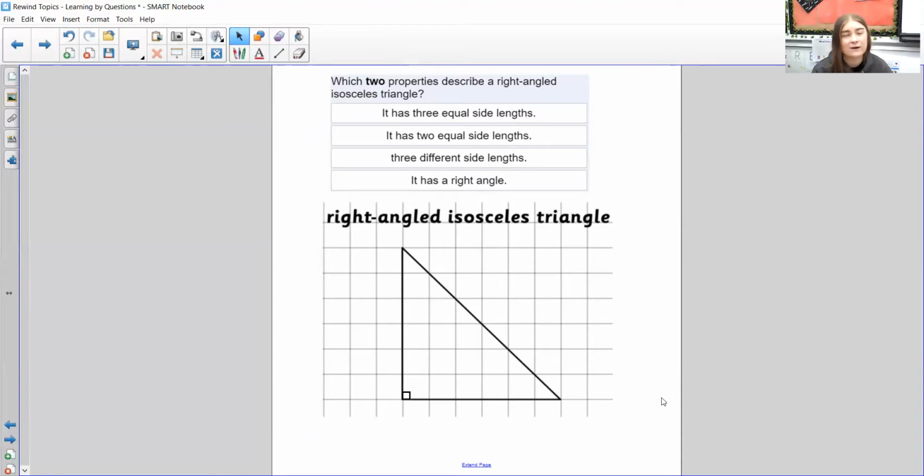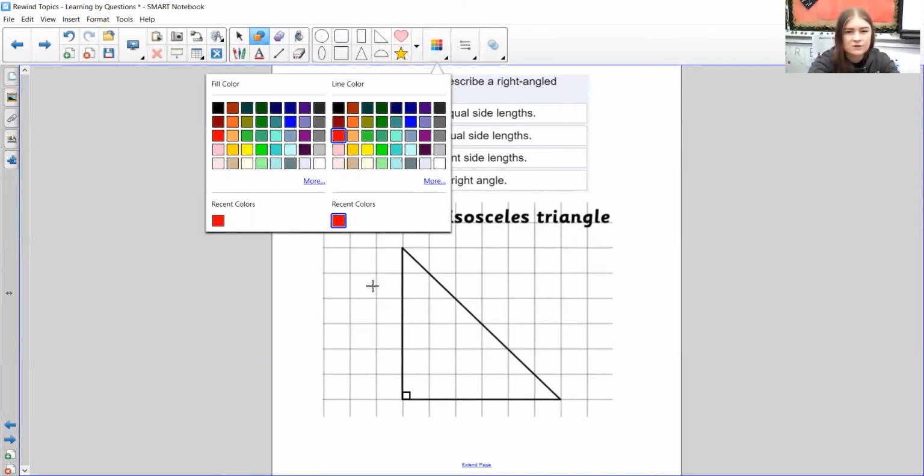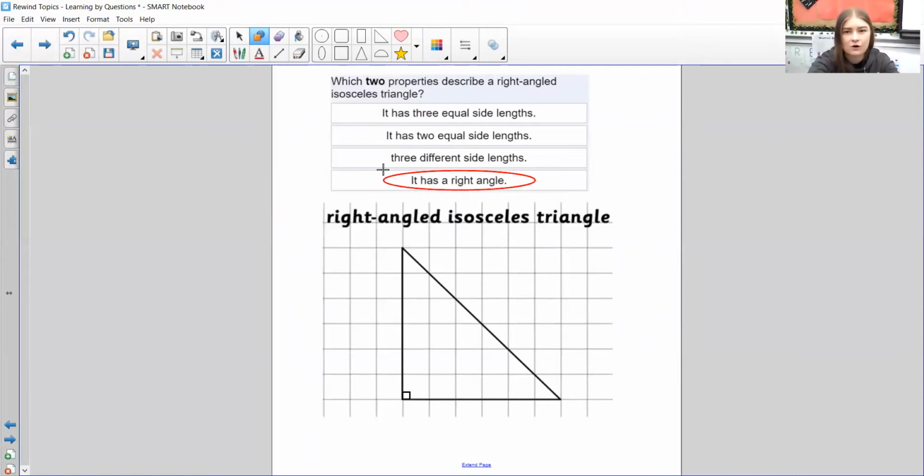No, equal is equilateral, so that's a no. It has two equal side lengths, or it has three different ones. I can't remember which one means that we have got zero the same. Three the same is equilateral. Zero the same is my snake with no legs, which is scalene. That's not equilateral and it's not scalene, so it's not three, it's not zero, it's got two equal side lengths.